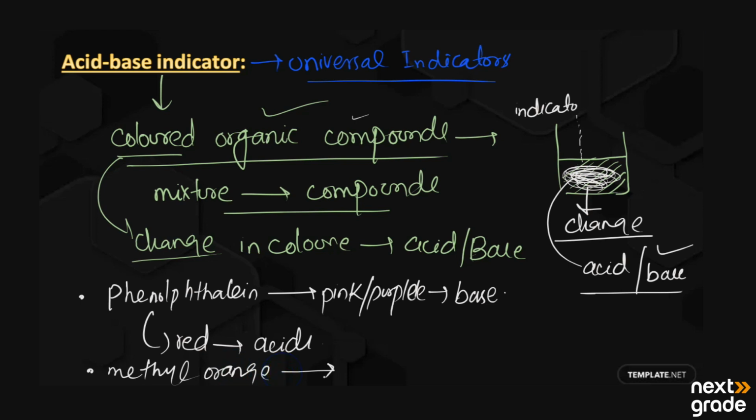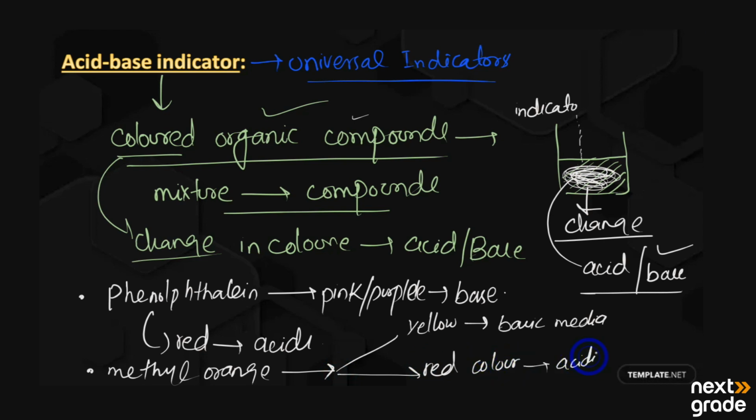Methyl orange shows yellow color in basic solution or basic media, and it shows red color in acidic media or in acids.